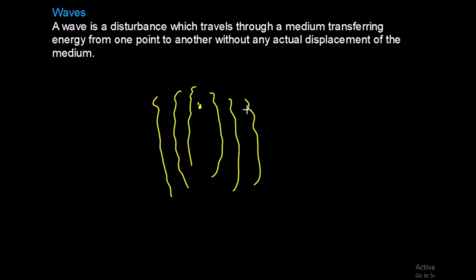They travel in the medium, but then you notice that there's actually no displacement of the water itself. All right. So a wave is a disturbance. That's a typical example of a wave. A wave is a disturbance that travels, spreads out in the medium, as seen in those water ripples. All right. But then there is actually no displacement of the medium.